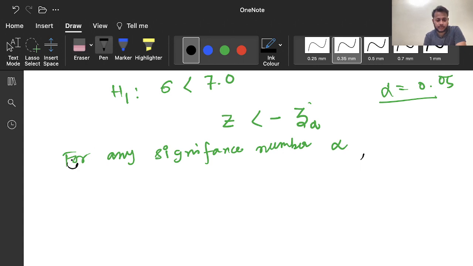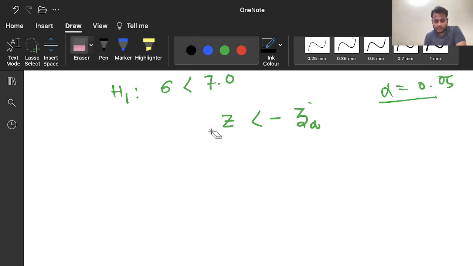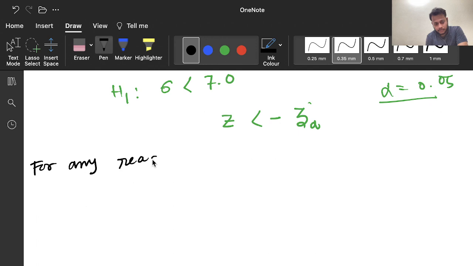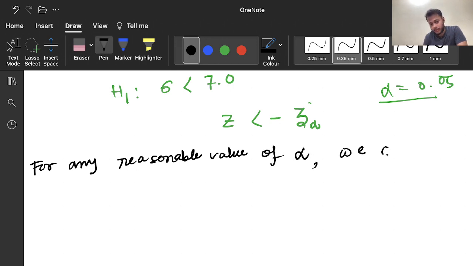Okay, so let me rewrite this here. For any reasonable value of alpha, we cannot reject H0.